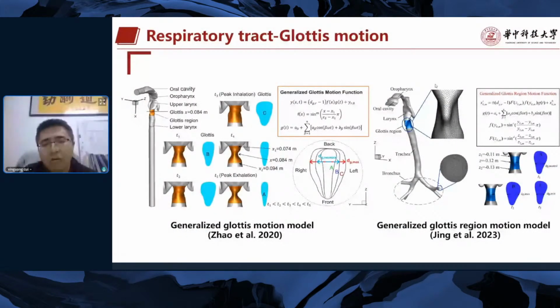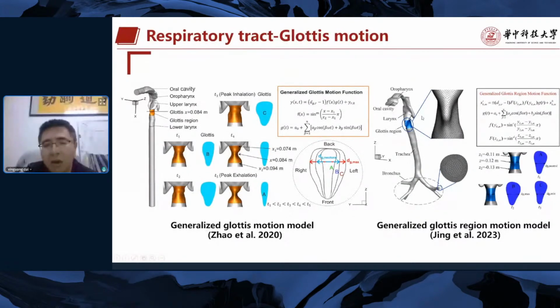This is also part of our work, and in fact we follow earlier work and then we do the simulation. We have successfully simulated the glottis motion in a realistic model. In fact, in our work there is still some idealization, because the trachea is an idealized tube in theirs, but for us it's the realistic model.